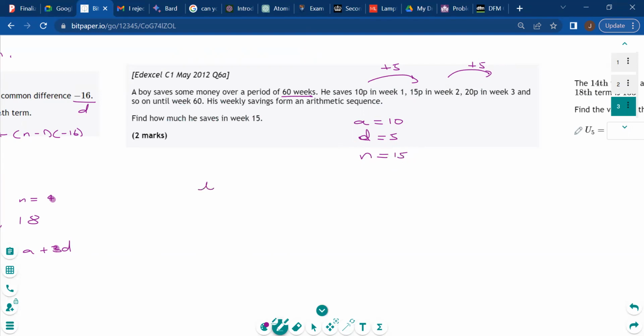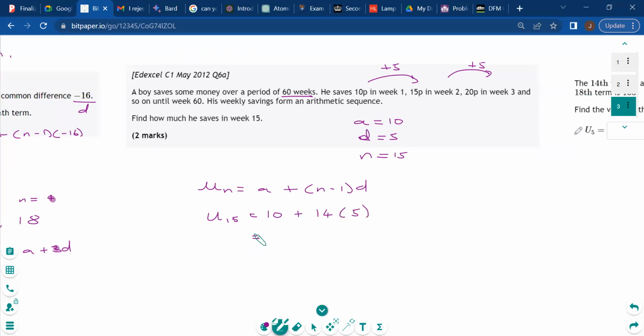Well, the nth term is A plus n minus 1 times the difference. In particular, the 15th term must be equal to 10 plus, you could call that 14 if you like, 14 lots of the difference 5.